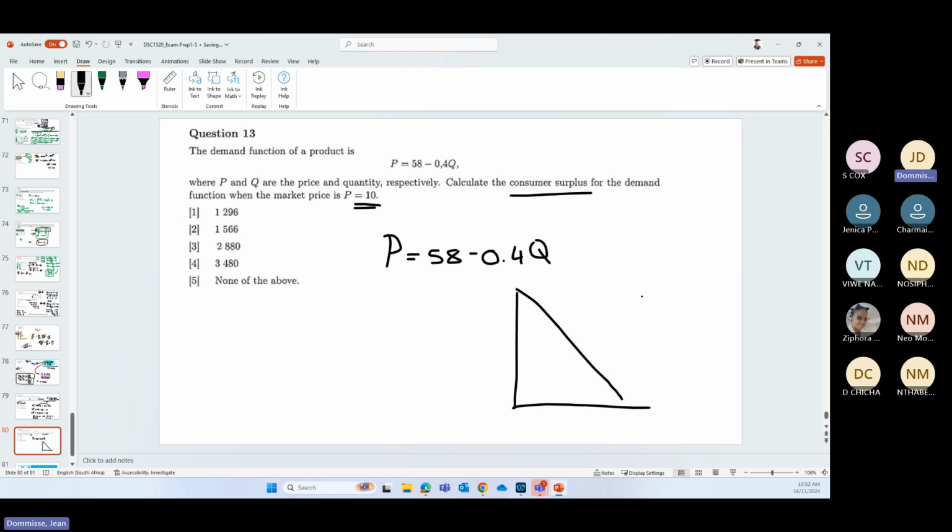I'm just drawing, and let's hope this is what it should be. So that is normally the consumer surplus component.